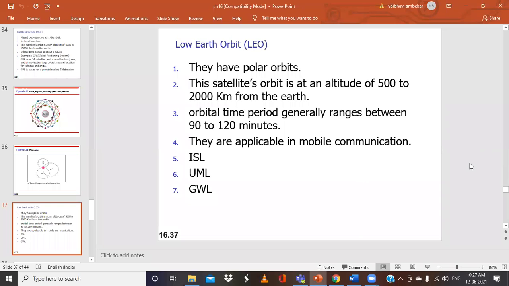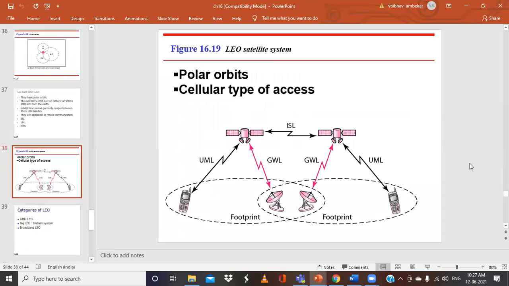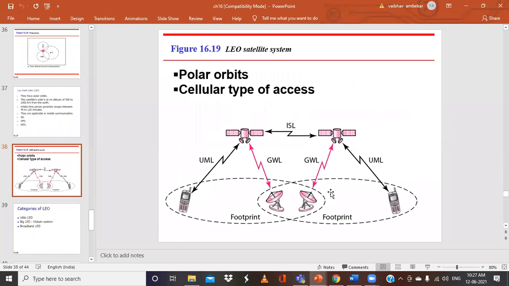What is this ISL? Let's discuss this. So let me take this arrangement. The satellites placed in LEO work in connection with other satellites, or in combination, in groups.